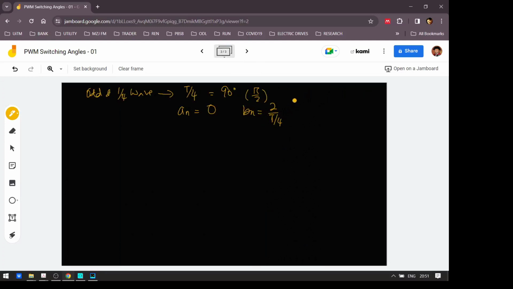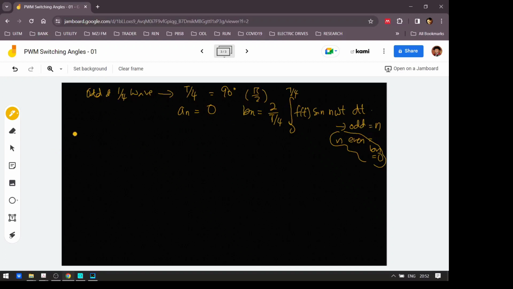Then you integrate 0 to T over 4, f of t sine n omega t dt, and this is only true for odd n. If n is even, bn equals 0 again. So you don't have to worry about even n harmonics. You only look into the odd harmonics, 1, 3, 5, 7.